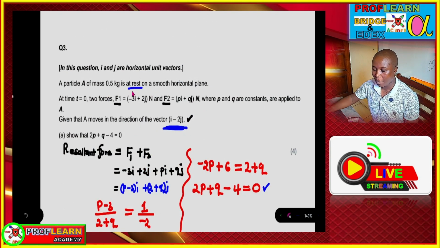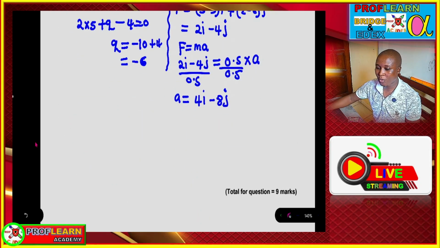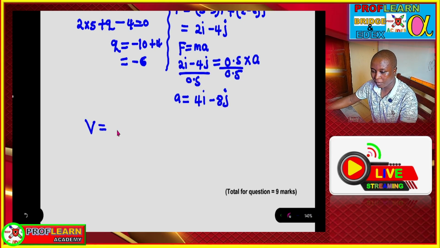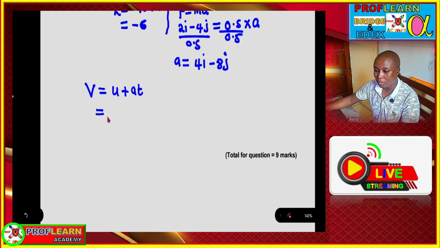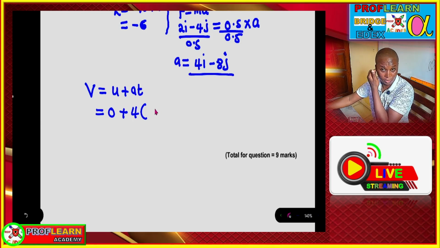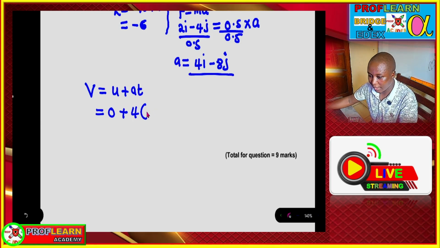And that will mean if you are going to use the equation v equals u plus at, we can work out the velocity after the time 4 seconds, which is going to be 0i plus 0j, plus time, which is 4, times the acceleration, which in this component is going to be given as 4i minus 8j.